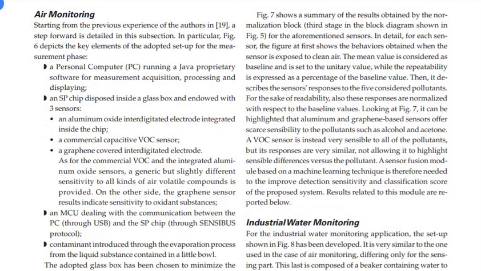In the air monitoring system, they are using a personal computer which runs a Java program, and using the ESP32 chips we discussed above, they use sensors to get the data.